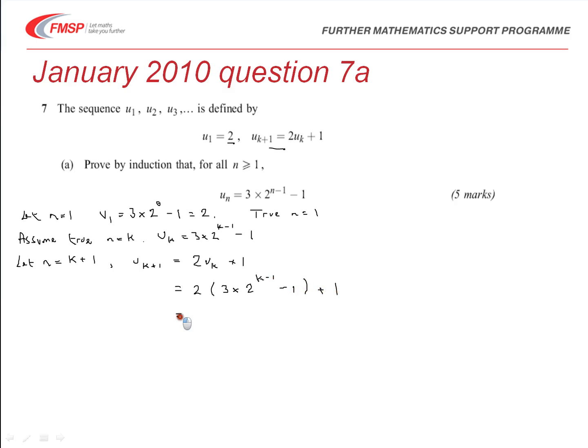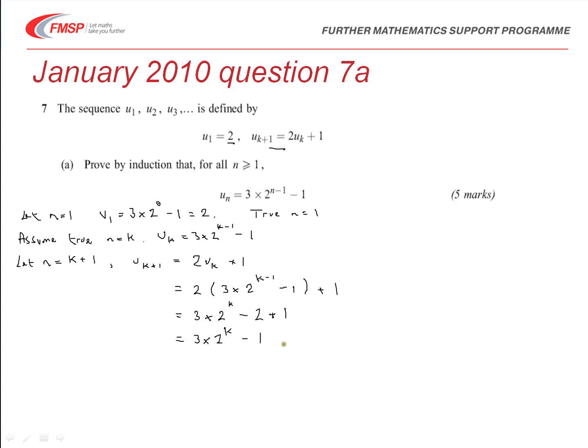And then if we multiply this out, we're going to have 3 times, well, 2 to the k minus 1 multiplied by 2 becomes 2 to the k. And then we're going to have minus 2 plus 1, which gives us 3 times 2 to the k, minus 1.